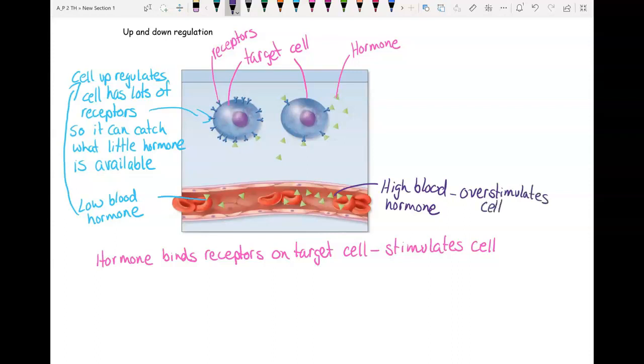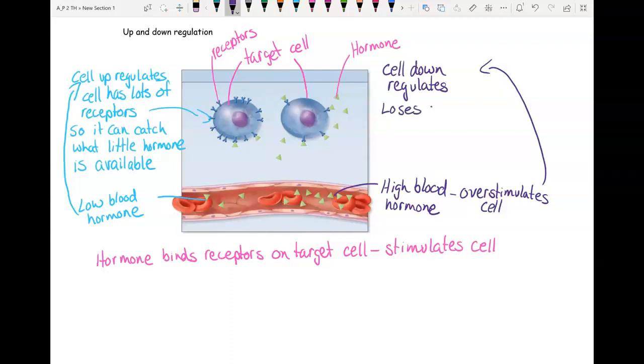And cells do not like this overstimulation. So this will cause the cell to downregulate, which means it will get rid of some receptors.